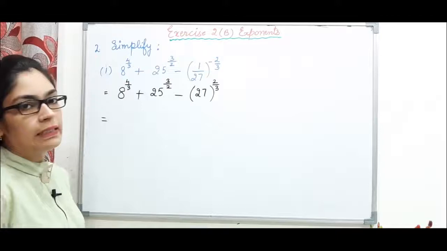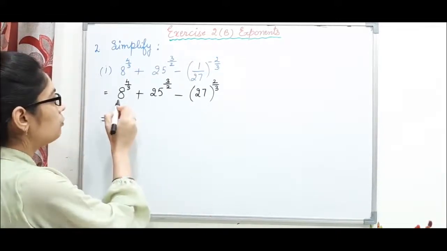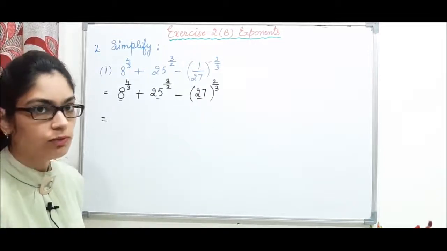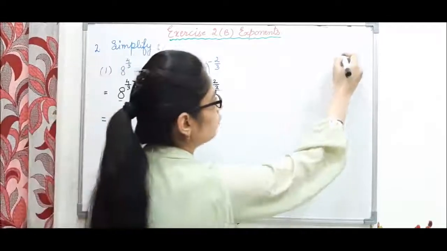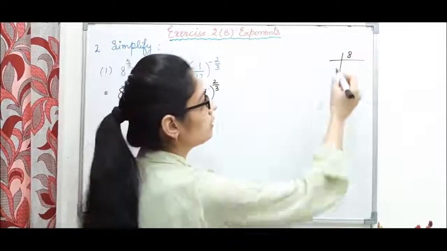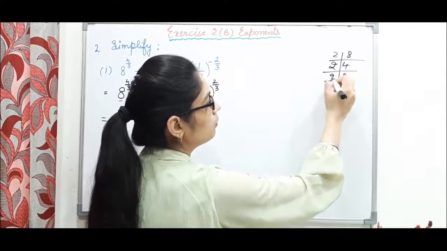Now the powers are fractions. If the powers are fractions, then we have to change the bases into their exponential form. So let us change all of these. First 8, its exponential form. We can make the factors and find the exponential form. So 2 into 4, 2 into 2, 2 into 1.